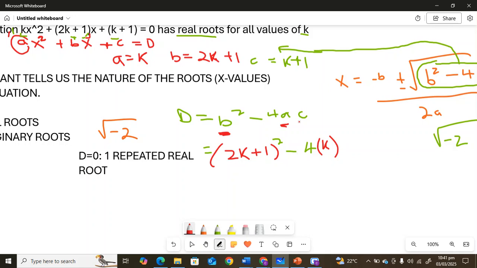And this C, we substitute it with k plus 1. Okay, colleagues, here what has happened is just a matter of substitutions. B is this, A is that, and C is that.